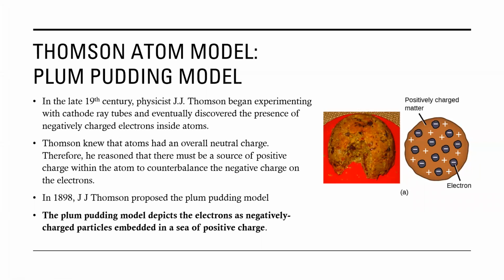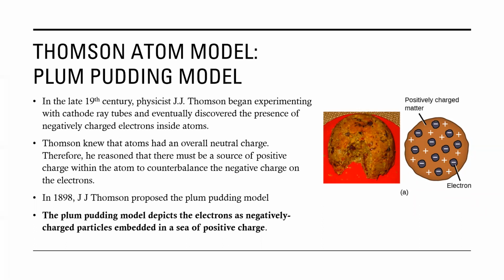Until then, the scientists had no idea about the structure of atom, what is there inside the atom. Dalton put forward the idea that every matter is made of small, indivisible particles called atoms. And J Thomson was the first one who found out what is there inside an atom.